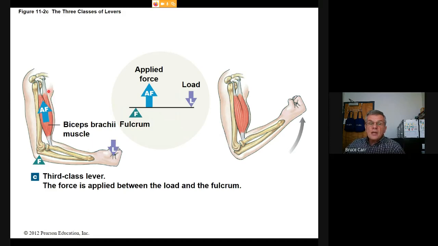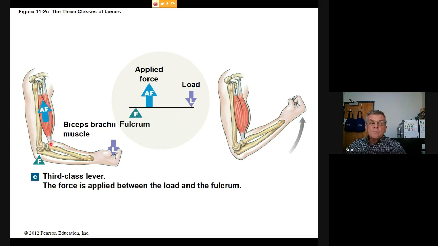But the biceps brachii has origins up here. Notice that it doesn't attach to the humerus. It lays on the front of the humerus. But this head attaches to the top of the glenoid cavity, and this head, called the short head, attaches to the coracoid process. So you're pulling against the scapula.